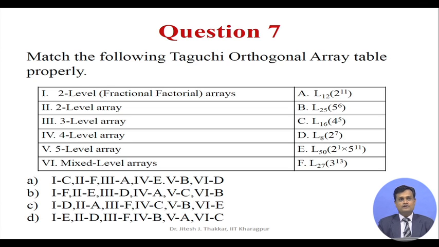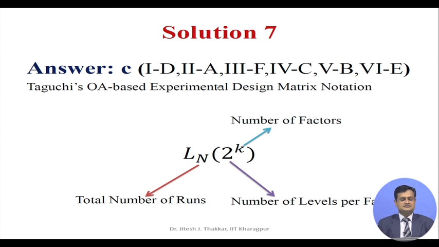You can carefully see the choices A, B, C and D on the screen, and the correct answer is C. It means 1 is related to D, second is A, third is F, fourth is C, fifth is B, sixth is E.